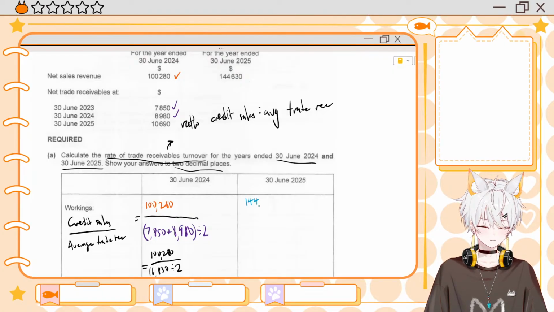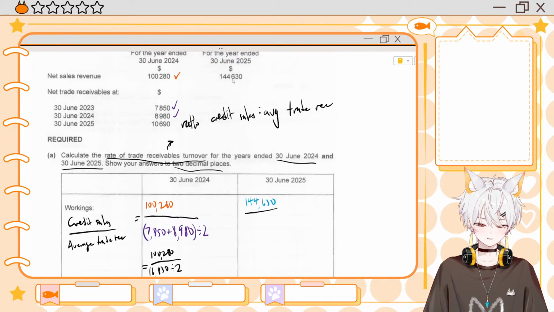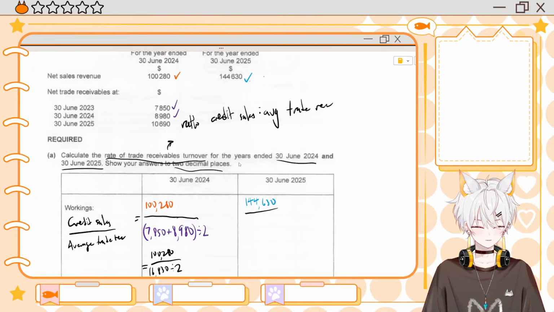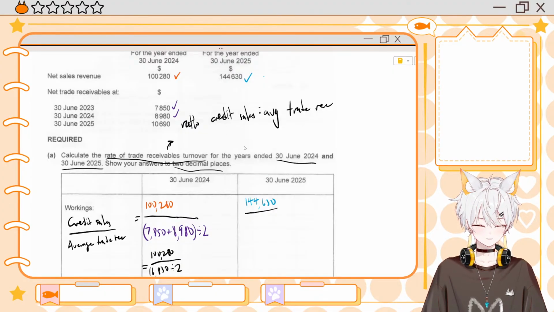So 144,630. And then divided by. Okay, time to use a different color. Sorry, some technical issues here. Okay, and then I'm gonna use green, dark green.